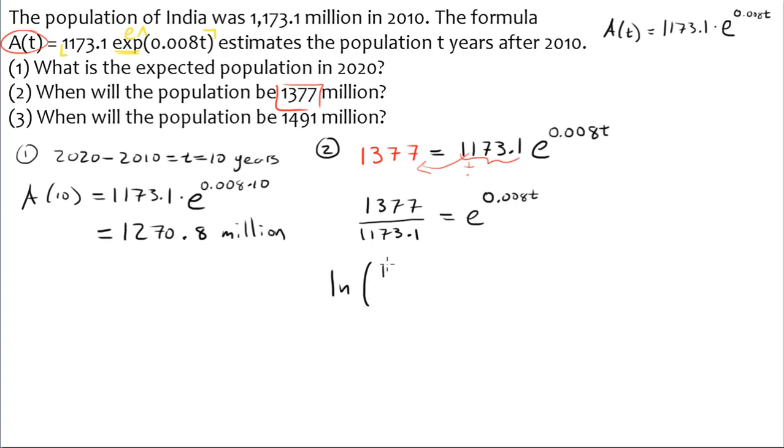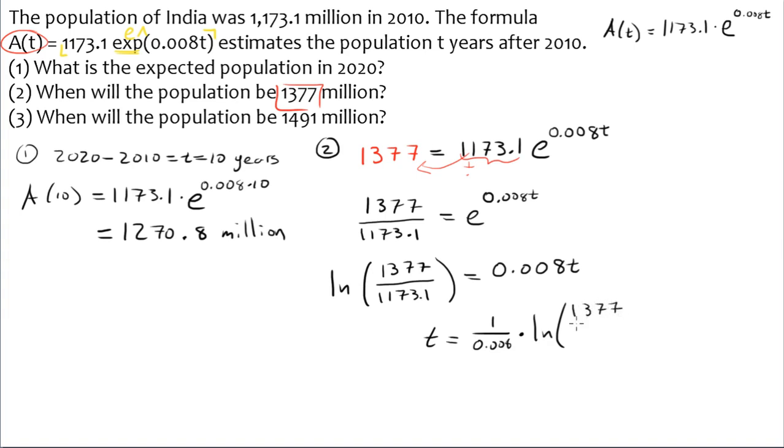I'm going to take the natural log of this ratio, and that is going to be equal to the natural log of this, which is 0.008t. So what's t? 1 over that, 0.008, times the natural log of this ratio.